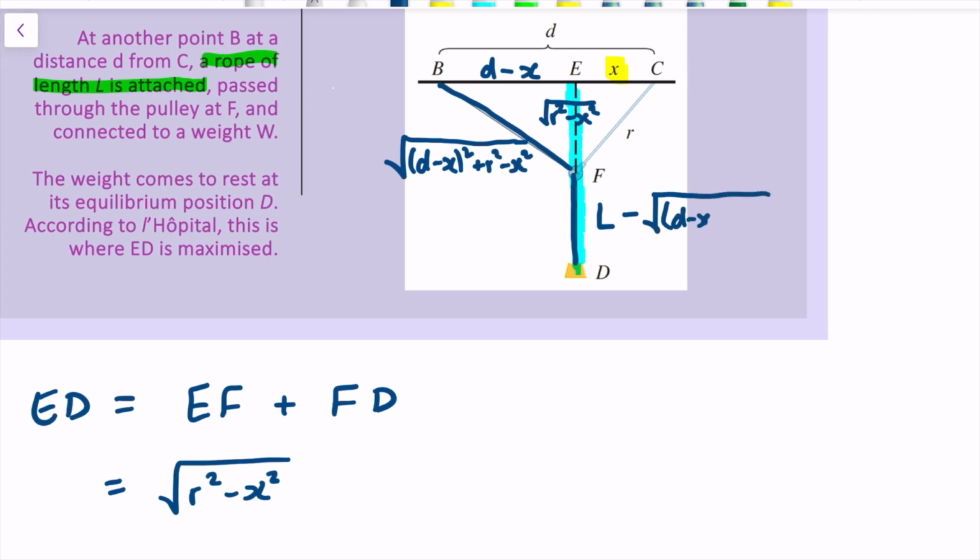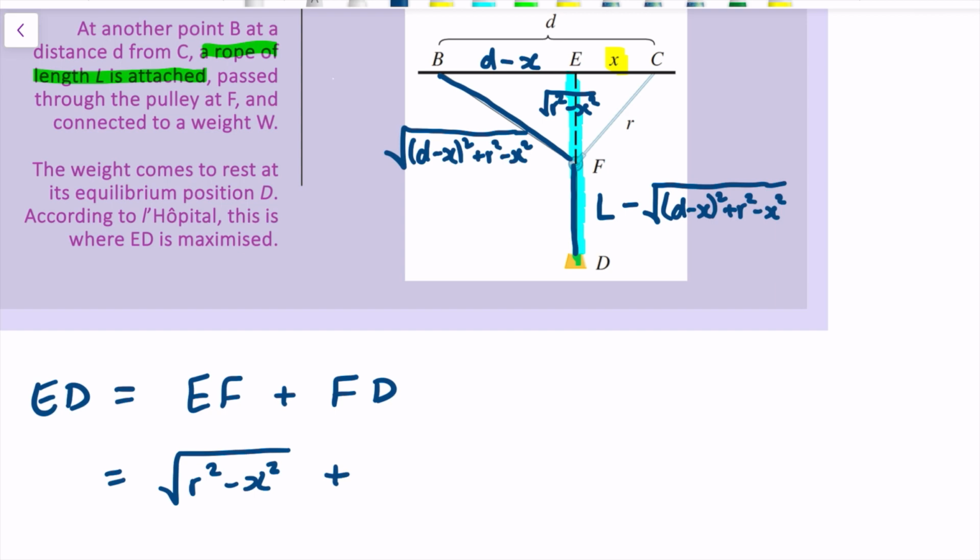So square root of d minus x all squared plus r squared minus x squared. Okay, so that's our FD, L minus this. I'm going to expand all that stuff underneath. We've got d squared, we've got minus 2dx, we've got an x squared, but we've also got a minus x squared, so they cancel, and then an r squared.